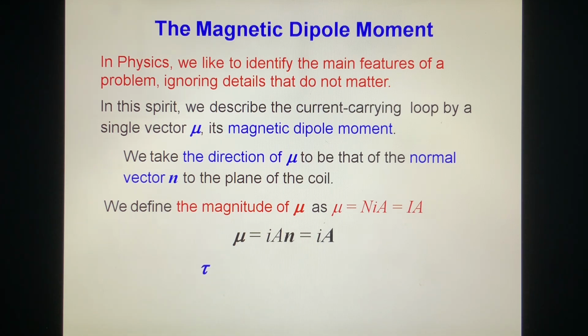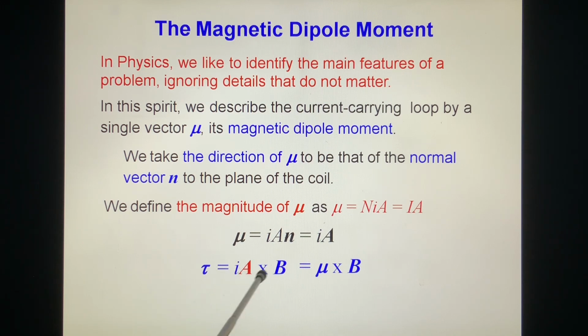And the torque, as we learned in the previous section, equals IA cross B, the magnetic field acting on the current carrying loop. This A is the area times n.